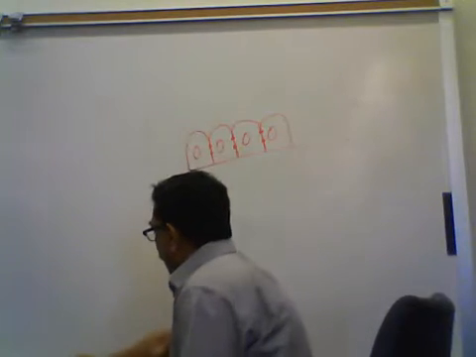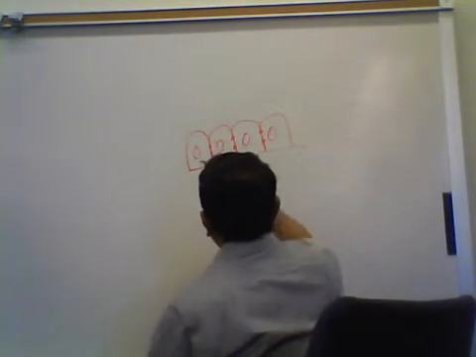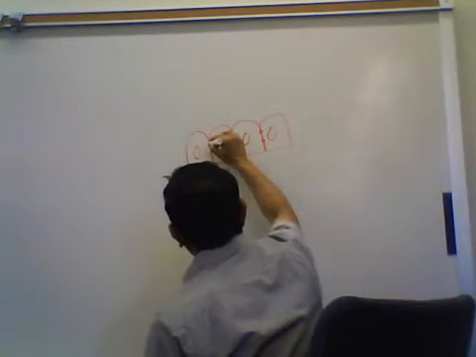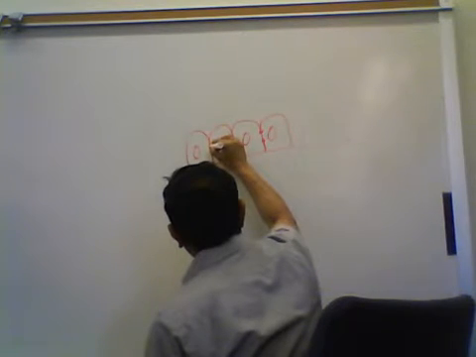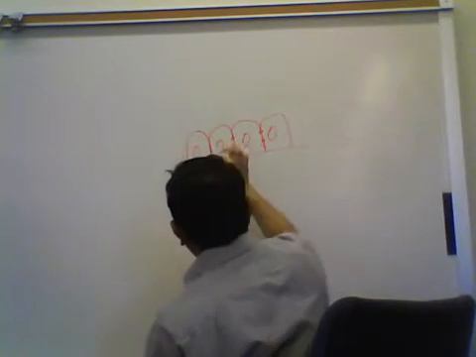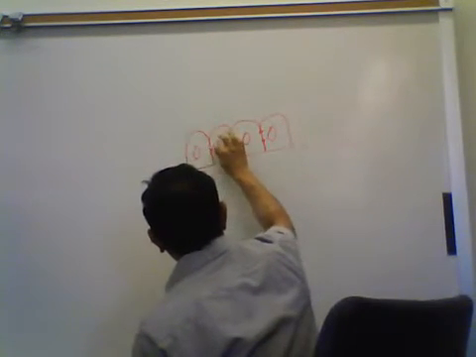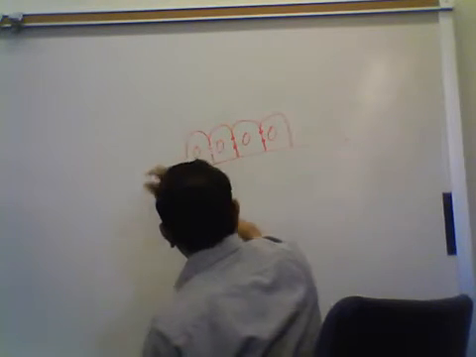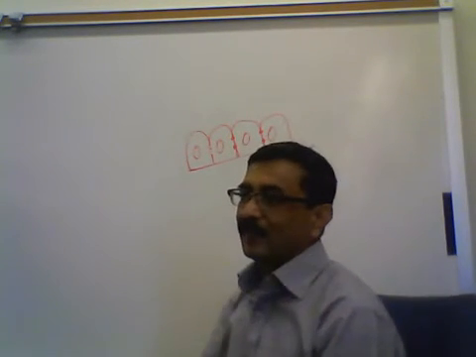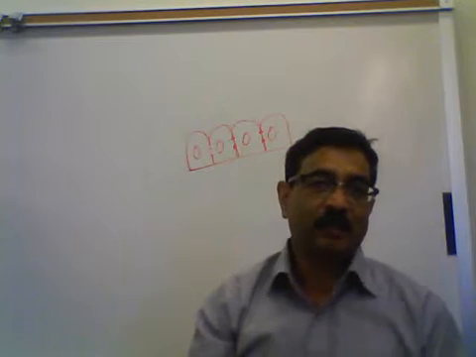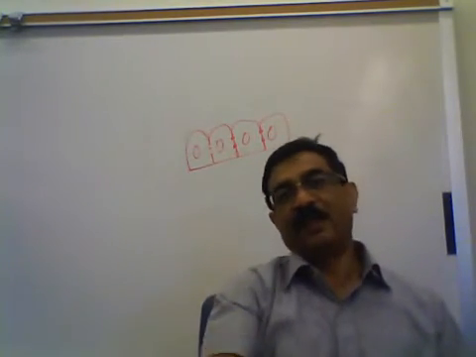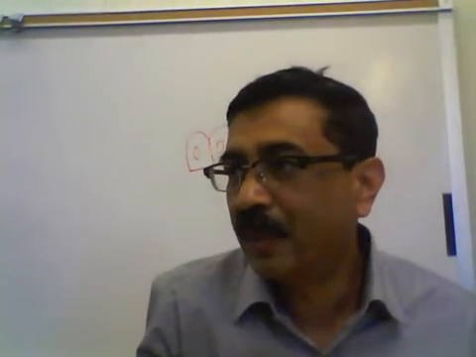Now, if you have gap junctions here, you see, in a gap junction there are many pores. So we let the fluid or molecules easily move from one cell to another.